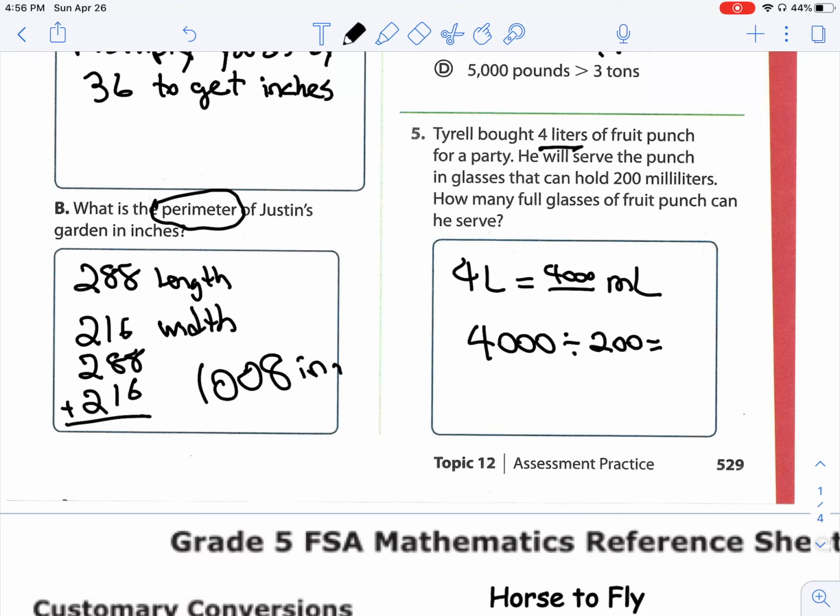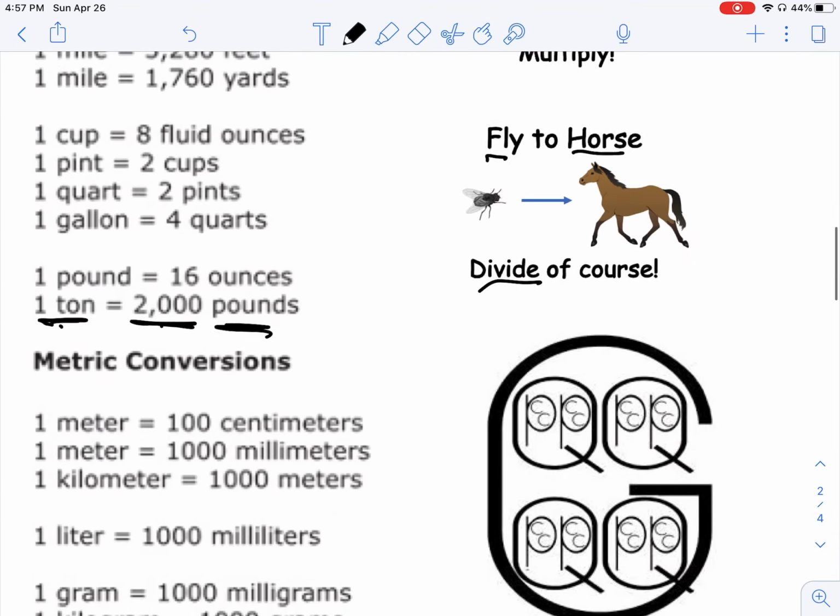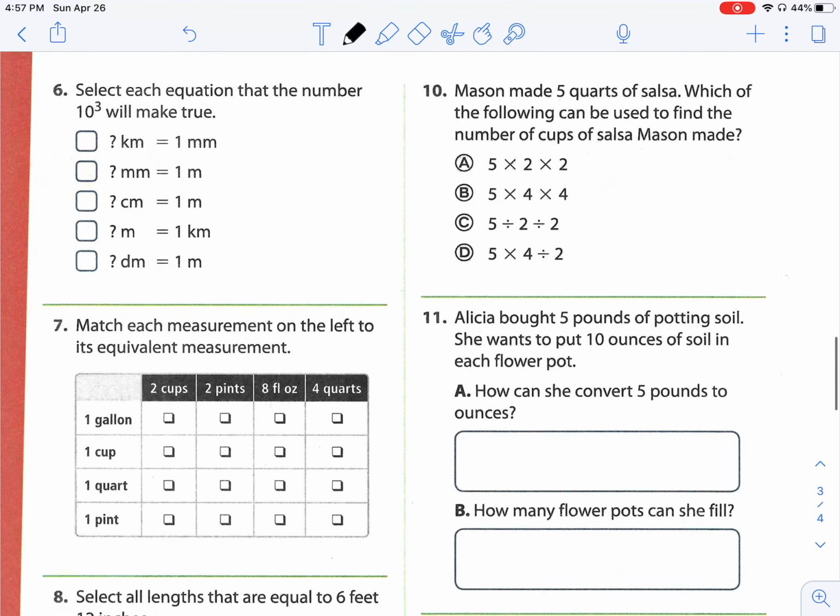Now, hey, this is mental math. You don't need a calculator for this. 200 has 2 zeros, so I can cross off those 2 zeros and do the same thing with my dividend, leaving me 40 divided by 2, which is 20. So 20 glasses. All right, halfway done. Let's go on to the next page.